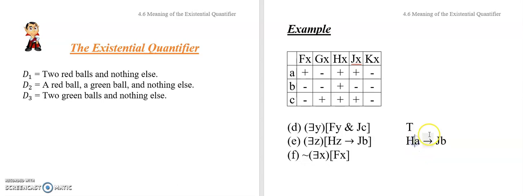Of course, we've got to check it for the case of B too and the case of C also. But we can see really quickly that A, B, and C all have H. So you're always going to have a true antecedent and a false consequent. All of these statements are false. Therefore, it's not true that at least one thing satisfies this description in this bag. So this statement is, in fact, false.